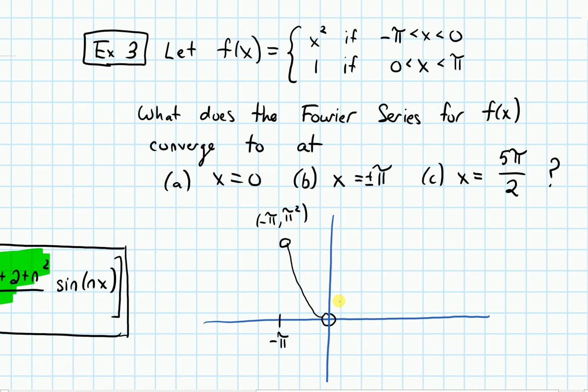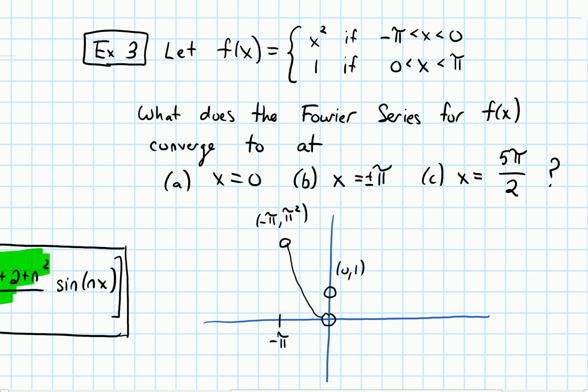And then on the right-hand side of 0, when x is greater than 0, the function value is 1. So I'm going to draw an open circle here, and this is the point 0, 1. There's an open circle there because x is not allowed to be equal to 0. If x was allowed to be equal to 0 here, then I would have had a closed circle.